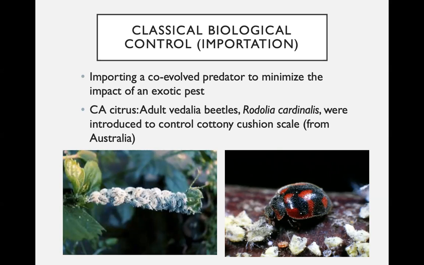So one of the reasons why many organisms are just so good at being pests is that they have been maybe accidentally introduced to an area that they can survive in. They have the food, the habitat, all the resources to reproduce, and they can do this without their native predators around.